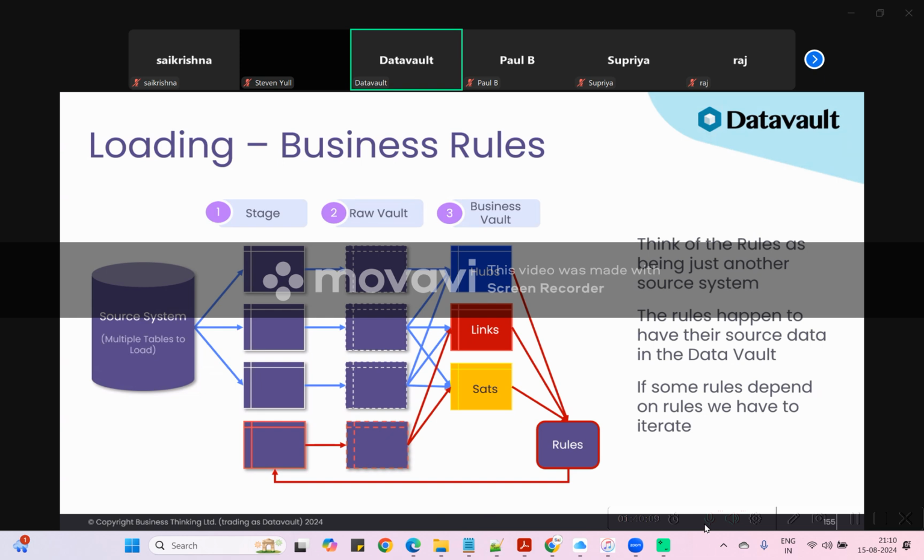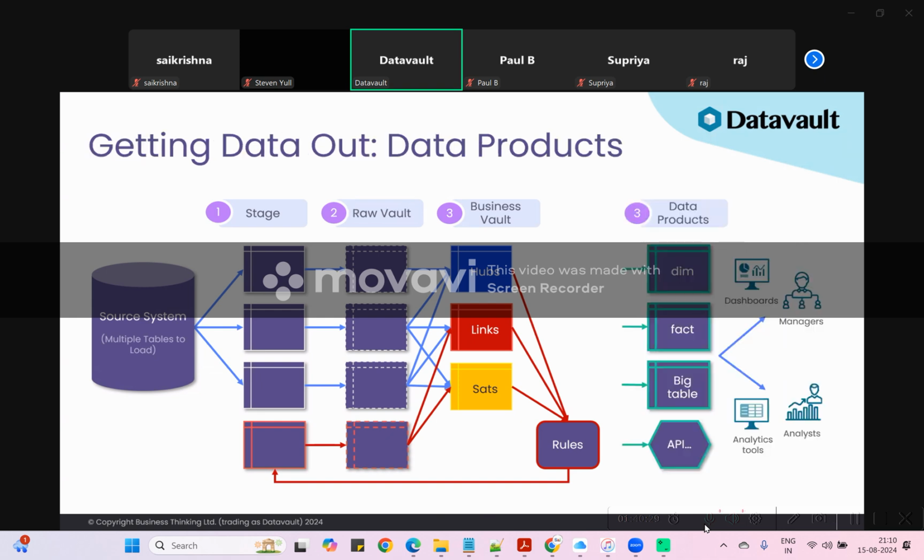Okay, so it's a circular thing here. I may have a particular rule that depends on another rule, in which case we go through this cycle a couple of times. But the point is, we're putting the data back into the same vault, the same schema that we had before, and it's a sparse addition to the existing hubs, links, and satellites.